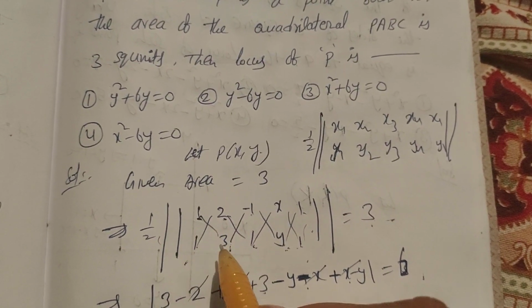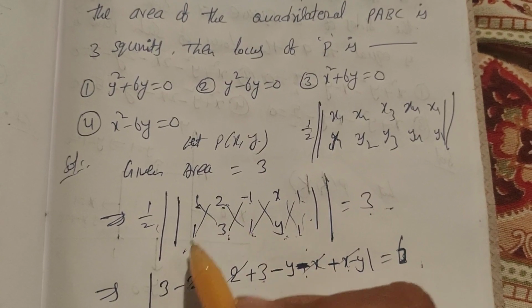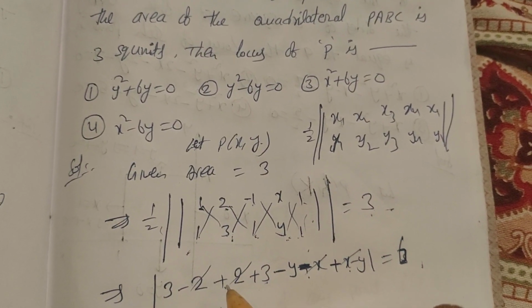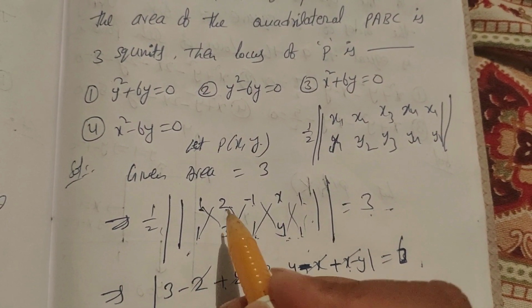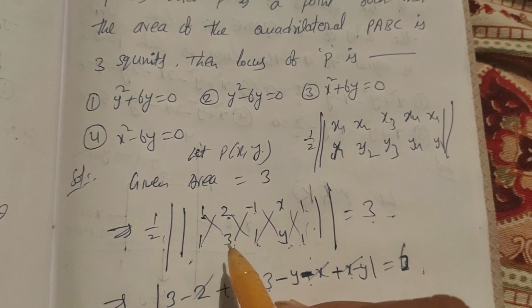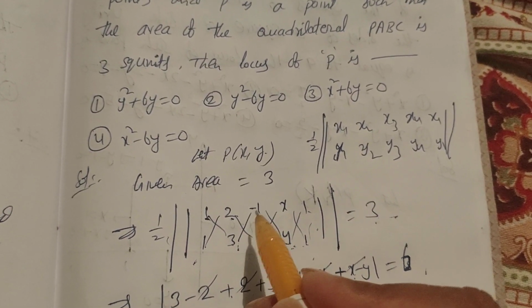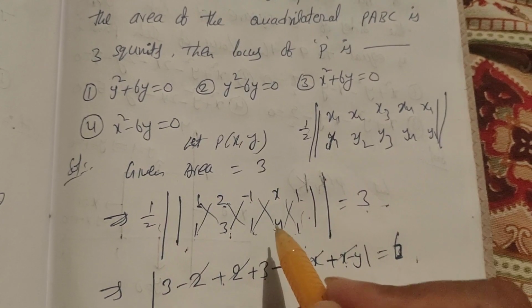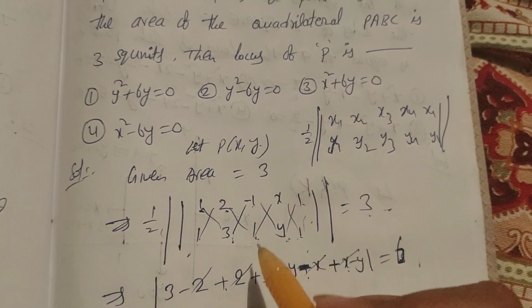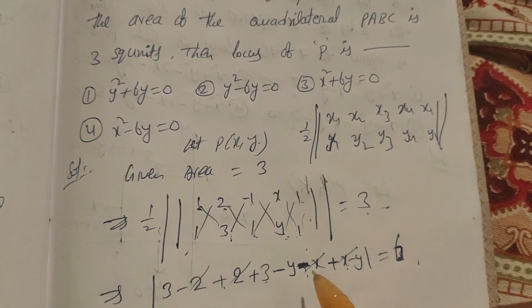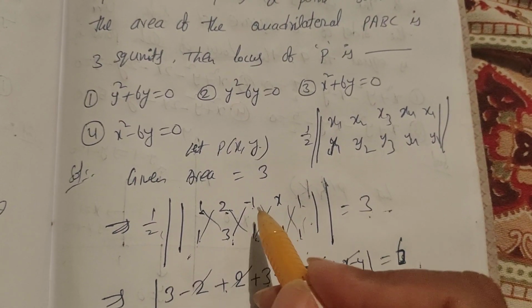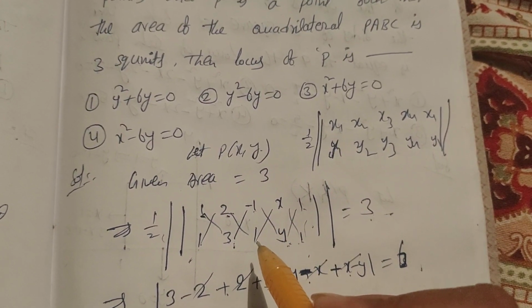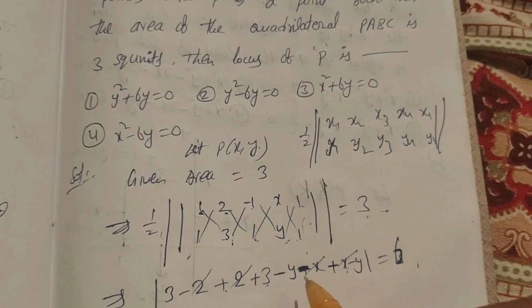This cross multiplication gives 1 into 3, 3 minus 2, and write plus between every cross multiplication. 2 into 1, 2, minus 3 into minus 1, that is plus 3. Next, minus 1 into y, minus y, so minus x. In between you should write minus.